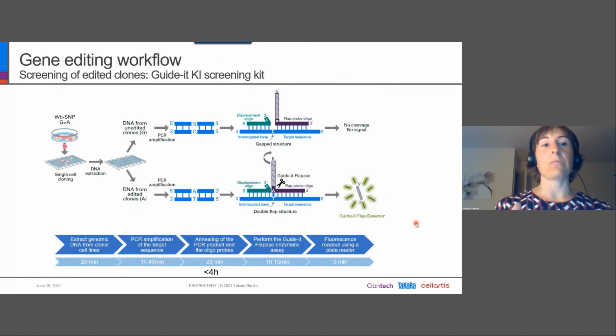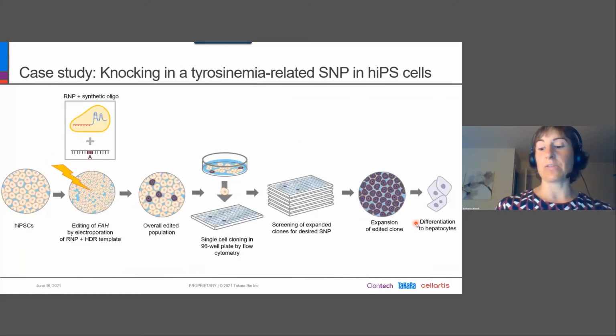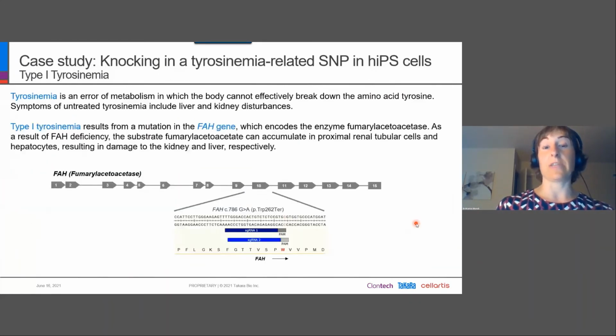I'm now changing gears and showing you how we have applied all these tools in the specific case of introducing a SNP related to tyrosinemia. Tyrosinemia is a disease related to an error of metabolism, because the body cannot effectively break down tyrosine.